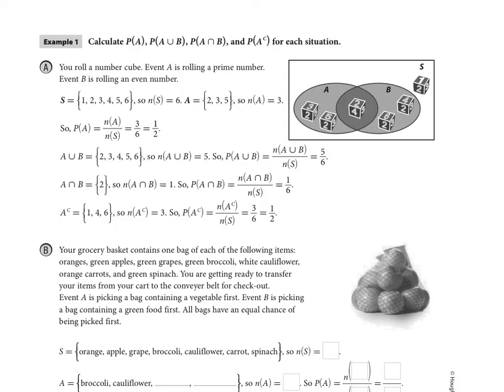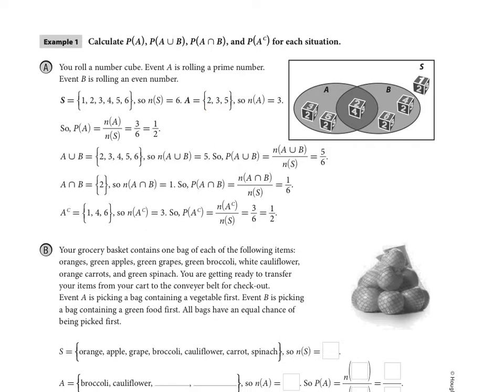So our total S, our sample space, is all the different possible outcomes we could get when we roll the die. That makes sense. 6 different sides on the cube, so 1, 2, 3, 4, 5, or 6 are our possibilities. So the total number of items in set S is 6. Now, A is if we land on a 2, 3, or 5.